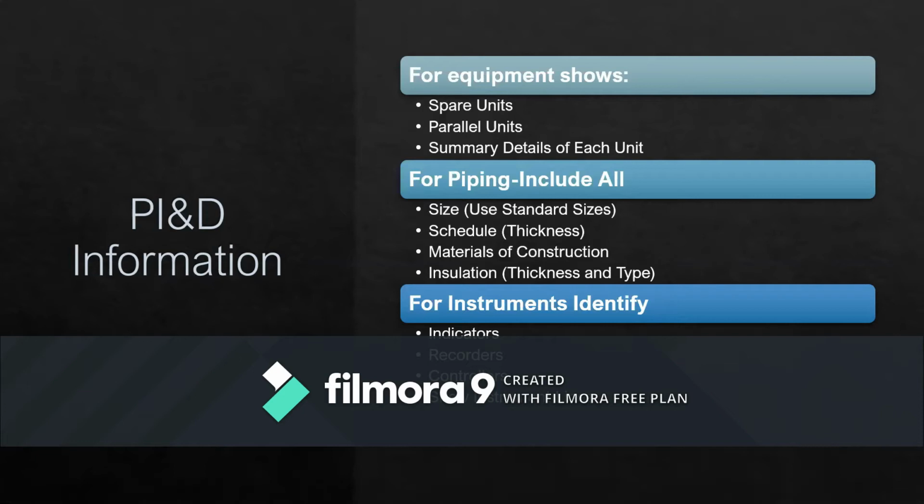For the piping, it also describes the size, the schedule, the materials of construction, and the insulation, which is the thickness and type. And other instruments are identified as indicators, recorders, controllers, and instrument lines.